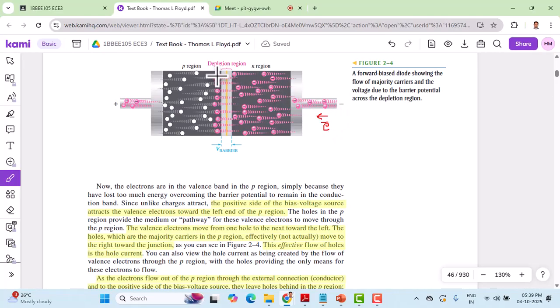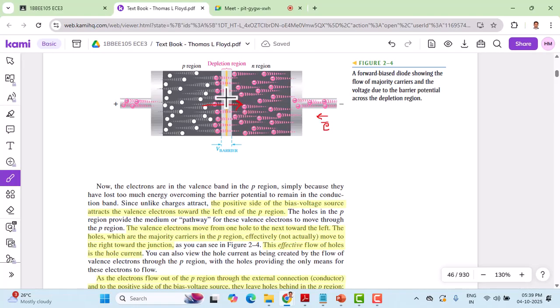When the electrons arrive here, they lose energy, and the attraction force of the positive terminal attracts these electrons to the positive terminal of the battery. When electrons leave their positions, conversely, the holes occupy them, and the hole movement happens in the opposite direction.